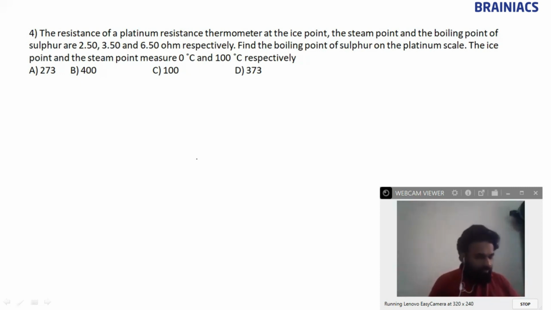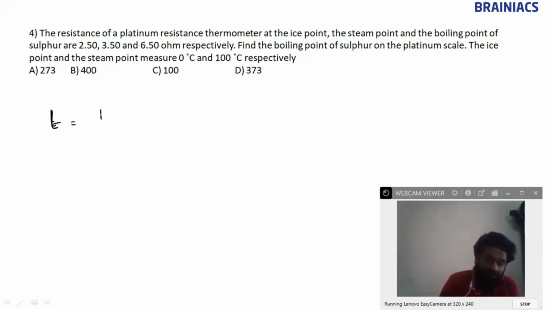So here the resistance of the platinum thermometer at ice point, steam point, boiling point, all those resistances are given. Now we need to find what? The boiling point of sulfur on the platinum scale. So what is the formula?